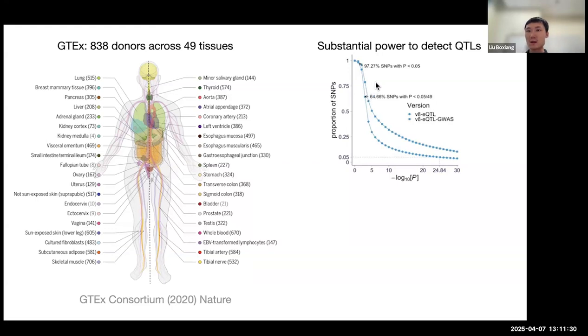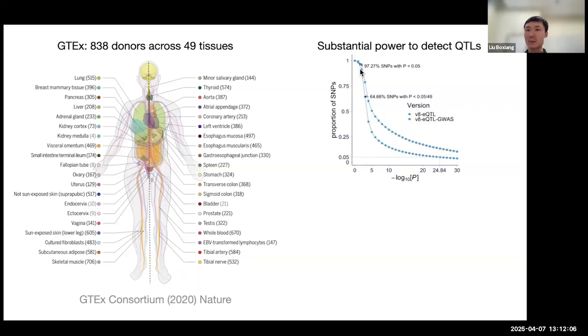On the figure in the top right corner, the x-axis is the negative log 10 p-value, and the y-axis is the proportion of SNPs surpassing that p-value. If we set a nominal threshold of 0.05, 97% of SNPs would pass this threshold, which means that most of the SNPs will pass. But this threshold is stupid, because no one would actually use this nominal threshold.